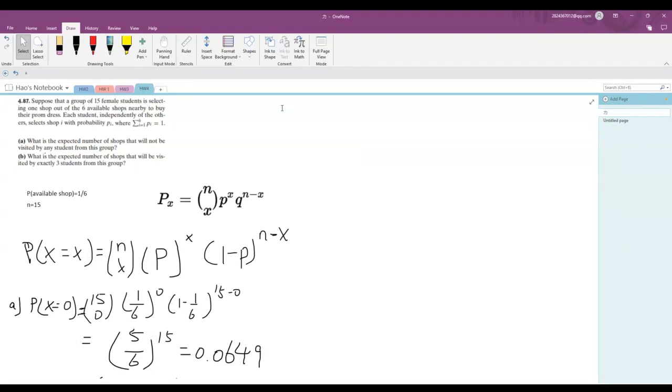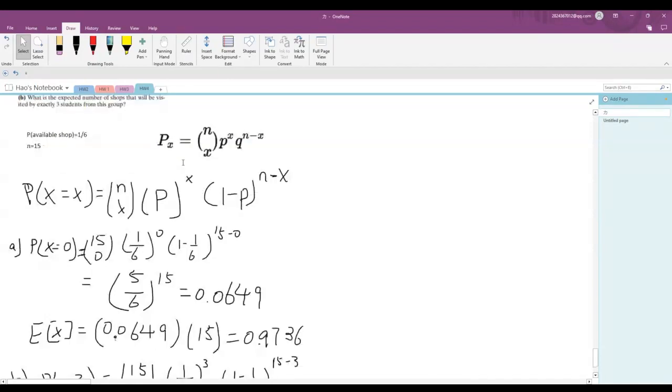The first question is asking what's the expected number of shops that will not be visited by any student from this group. It means that x will be equal to 0. This question is a binomial distribution problem.